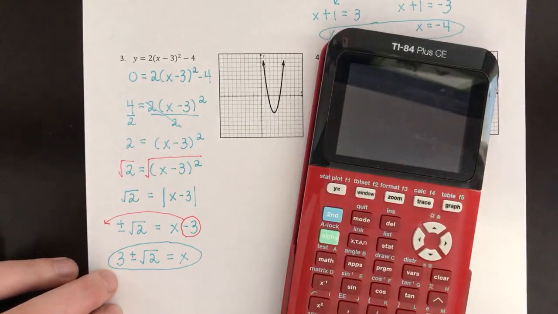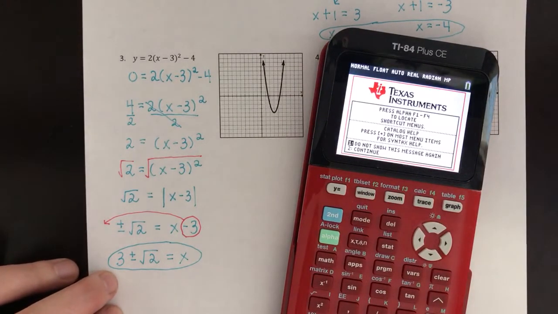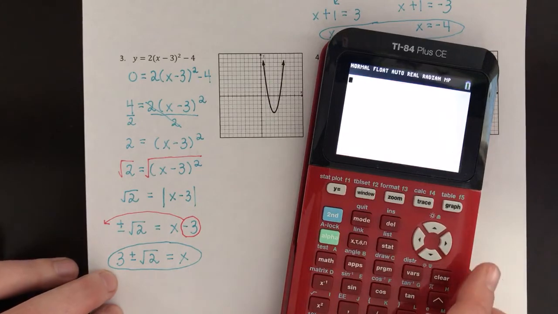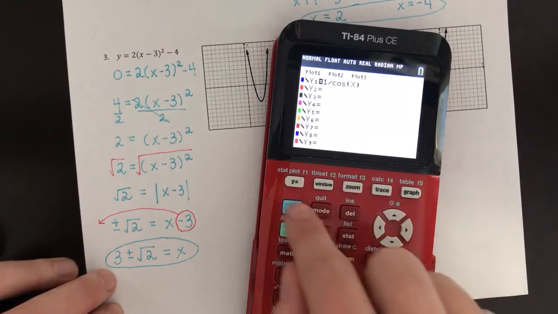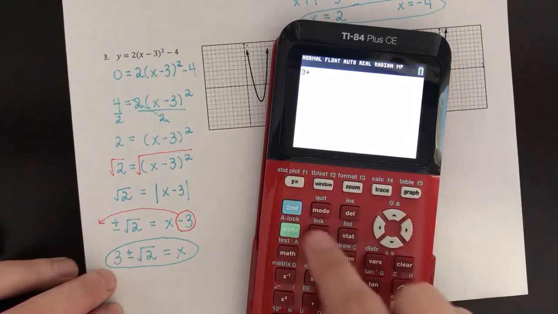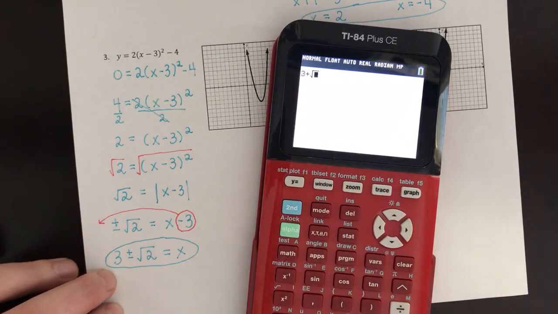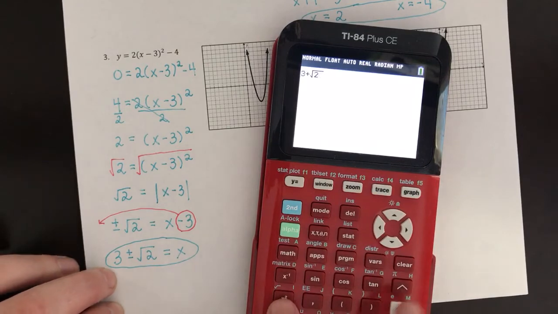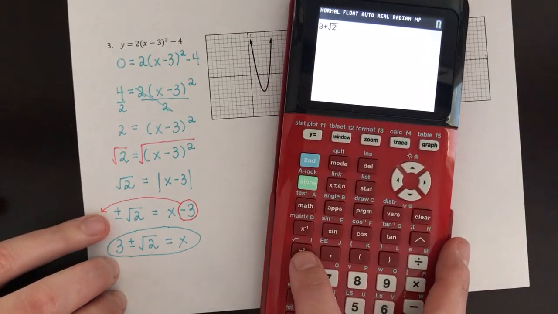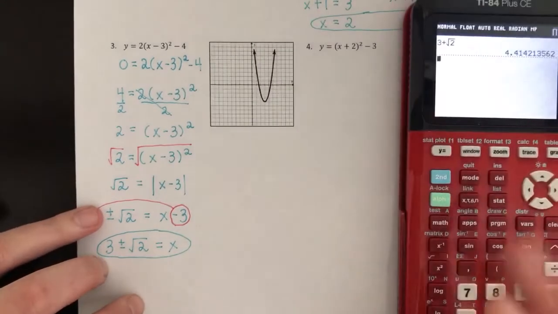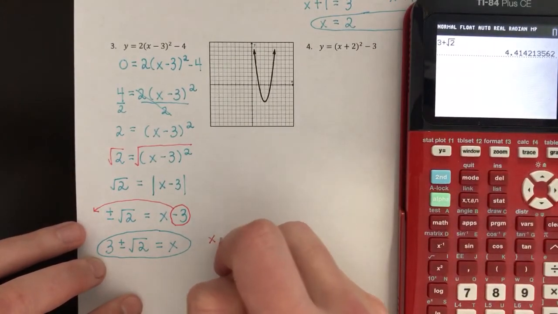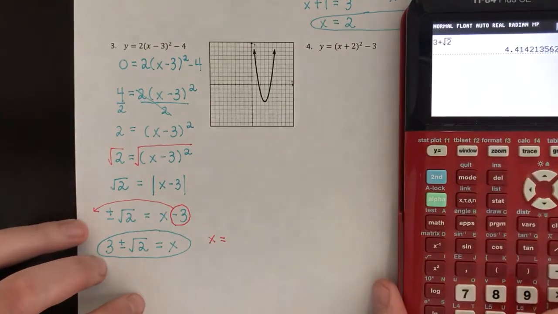So what I'm going to do is come over to my calculator and type 3 plus square root of 2. Here's the square root button right here once you hit the second. So 3 plus square root of 2, which is, and we are going to round to 3 decimal places.